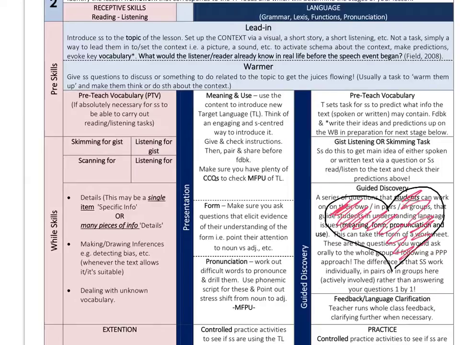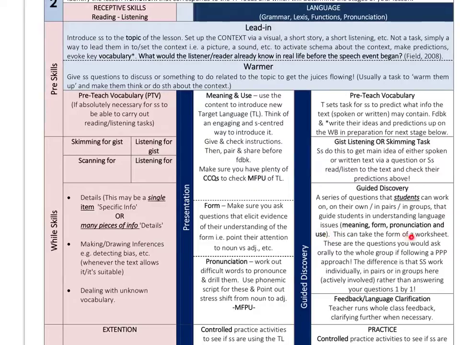Very, very important, because in the guided discovery stage, the most important part of the lesson, what they're going to be doing is basically experimenting with the language. Now, what is the guided discovery? It's a series of questions that students can work on their own, in pairs, in groups, that guide them in understanding language issues of MFPU.